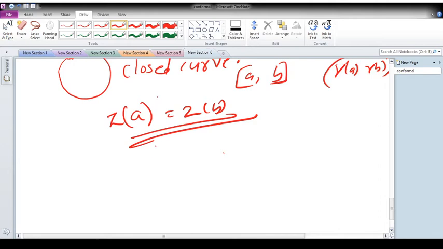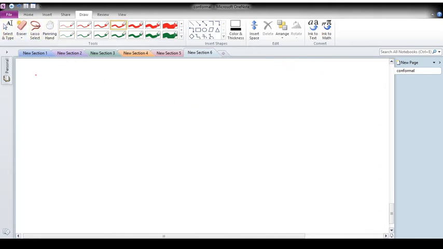Next we can see what is conformal mapping.